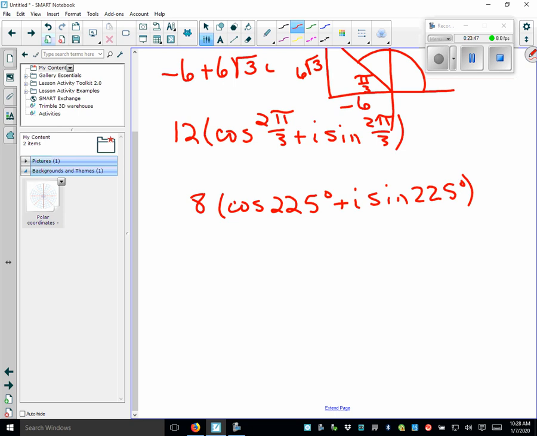Cosine of 225 degrees. Negative radical 2 over 2. Do you remember sine and cosine of 225, or pi over 4, or 45 degrees, is all radical 2 over 2? So this is 8 times negative radical 2 over 2 plus I negative radical 2 over 2, right? Which is negative 4 radical 2 minus 4I radical 2. Is that right?